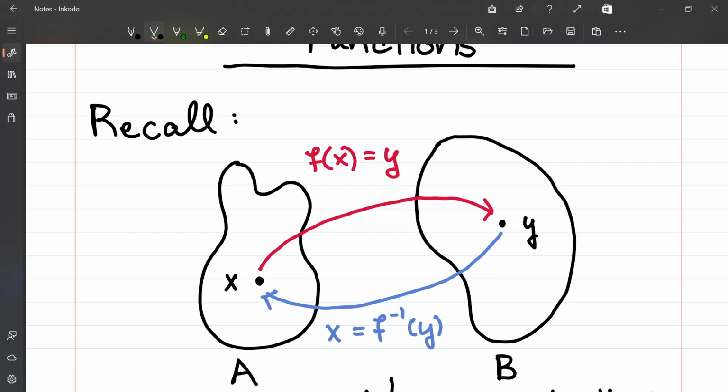So, if you have a function like the one we've shown here, f, which has an inverse, which we would call f inverse, which is what we've written here when we write f with -1 like an exponent, it does not mean a reciprocal, then what should happen is we should find that f takes inputs x in a set A to outputs y in a set B. And f inverse should do exactly the opposite.